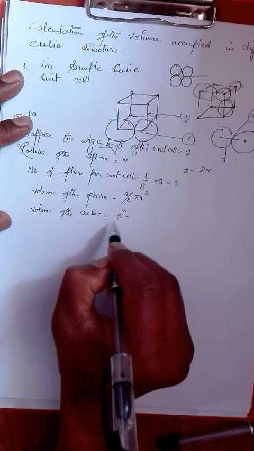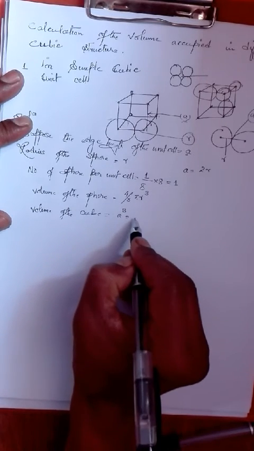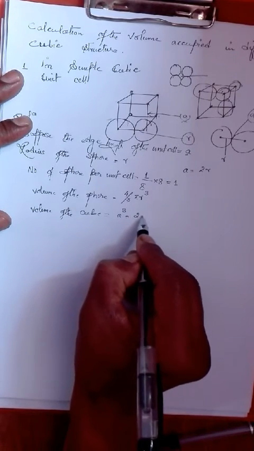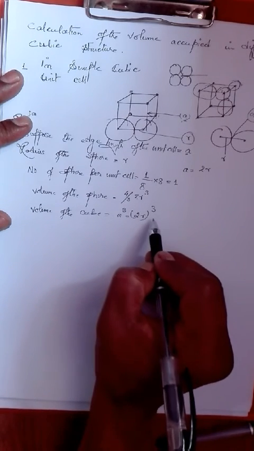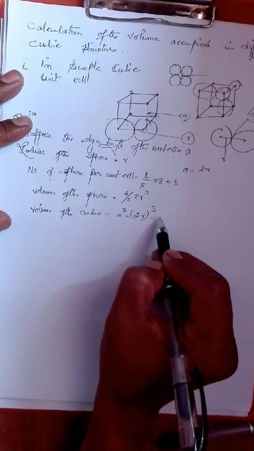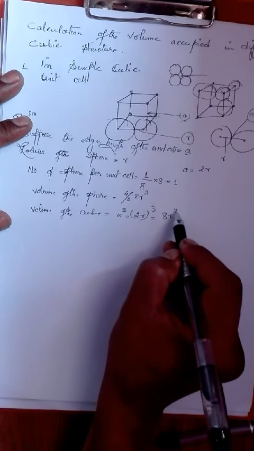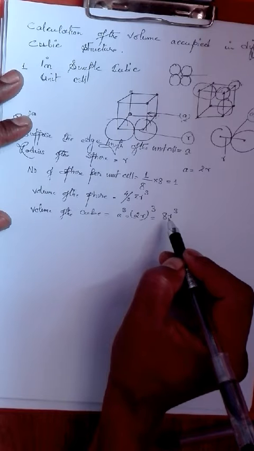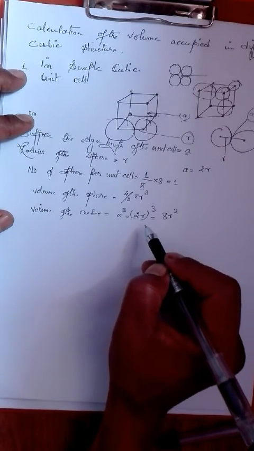What will be the value of A? We have just found out the value of A is equal to 2 radius, or twice R. So I'm going to use twice R cube. Now if you multiply, you'll get 8R cube. Cube of 2 is equal to 8, and the cube of R will be R cube, isn't it?